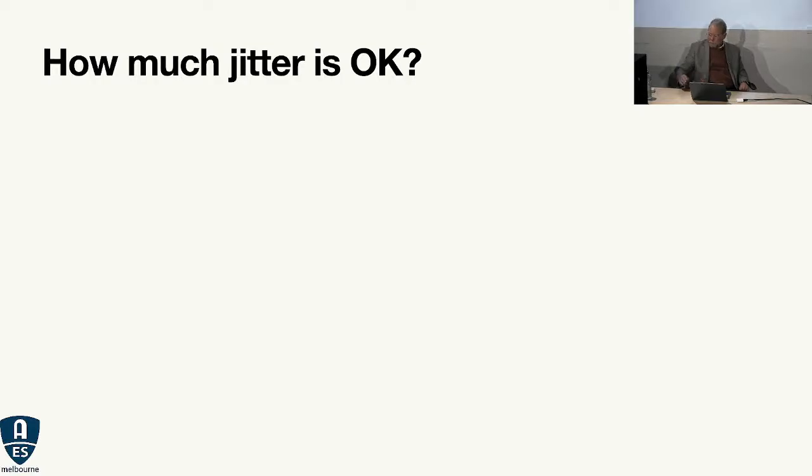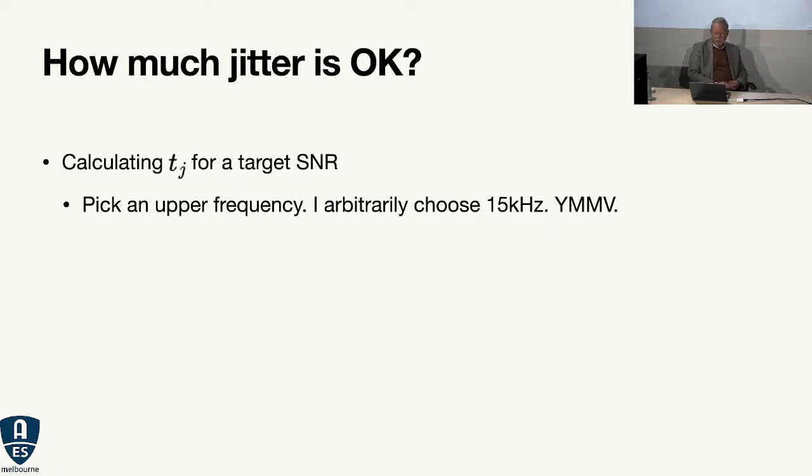So how much jitter is okay? You have to pick some frequency below which you decide that you want to keep the jitter low. If you picked 1 kilohertz, your result might not be so great. So I'm arbitrarily picking 15 kilohertz.